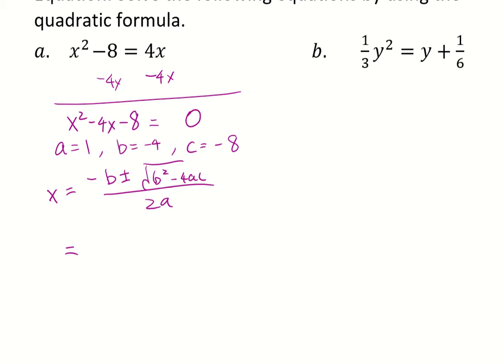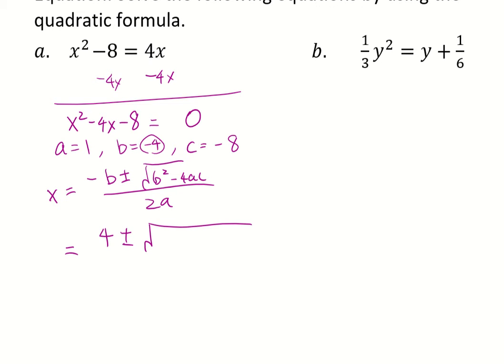So first, negative b is the opposite of negative 4. So it's positive 4 here. The negative of negative b, or the opposite of negative 4, right? It's 4. Plus or minus square root of b squared.